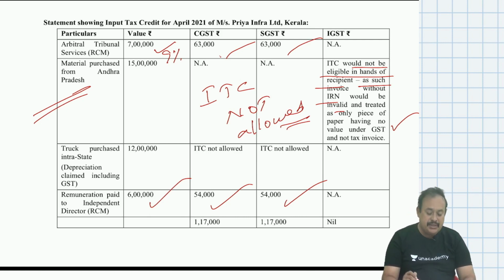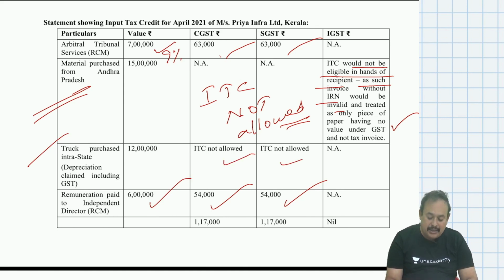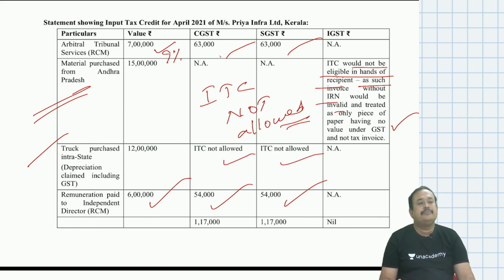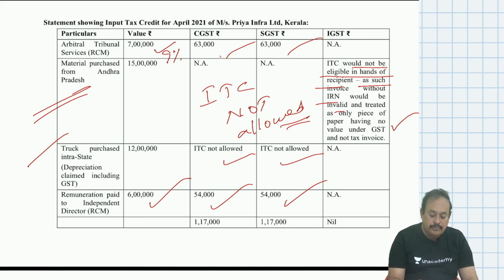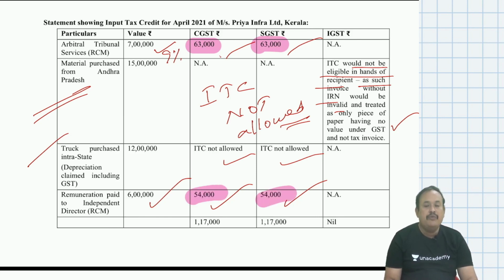Further, my dear friends, truck purchase, GST on truck capitalized to claim depreciation, therefore ITC not allowed. However, here arbitral tribunal, this value and remuneration paid to director, this value will qualify for input tax credit.